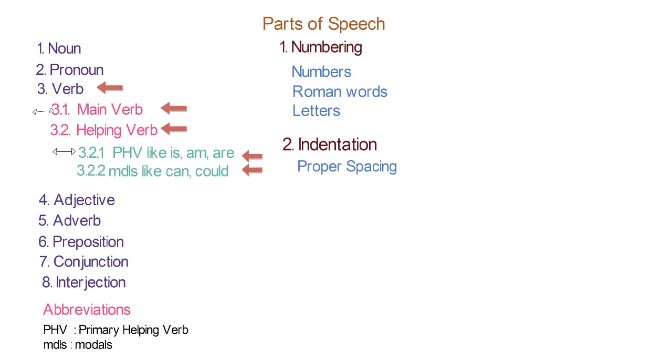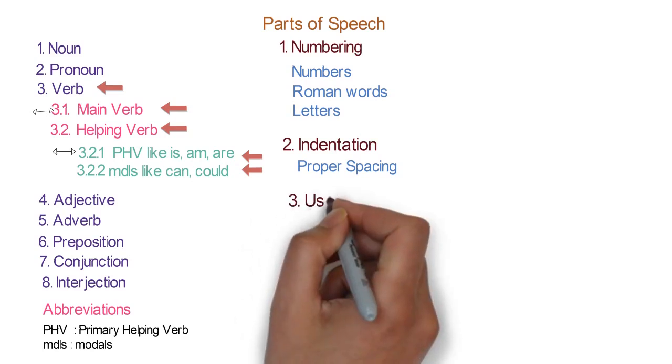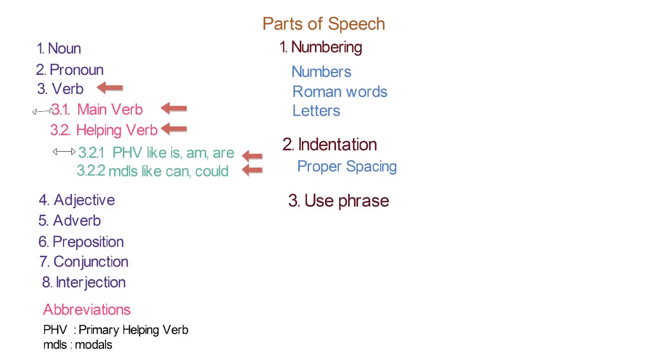Please remember this point in mind as indentation carries marks. So this is second one, indentation. The third and important point is use phrase instead of sentences. Avoid using complete sentences. Instead, use a group of words or phrases to convey your thoughts. So these are the 3 important points that must be kept in mind while writing notes.